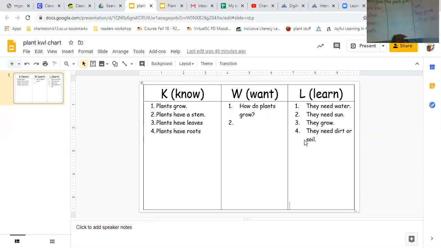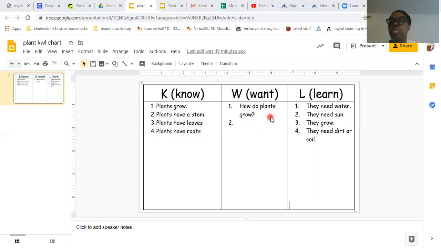I just typed it up for you, including what we already wrote. Remember, what we know is that plants grow, plants have a stem, plants have leaves, plants have roots.